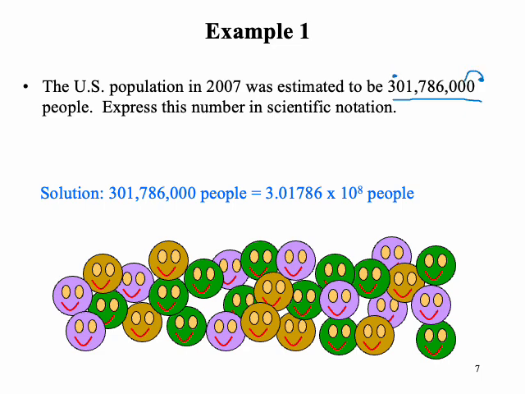So I have to move it 1, 2, 3, 4, 5, 6, 7, 8 by 8 places. So my number is actually 3.01786 times 10 raised to power 8. And it's a positive number. Why? Because my number is large. The original number is large. So that's your answer.